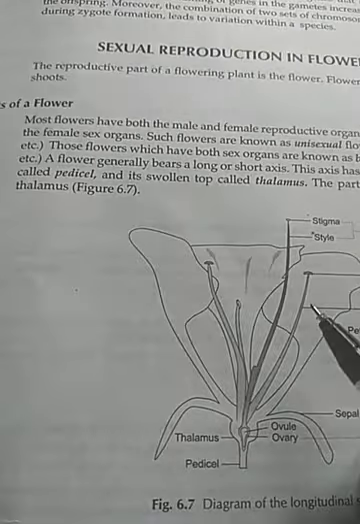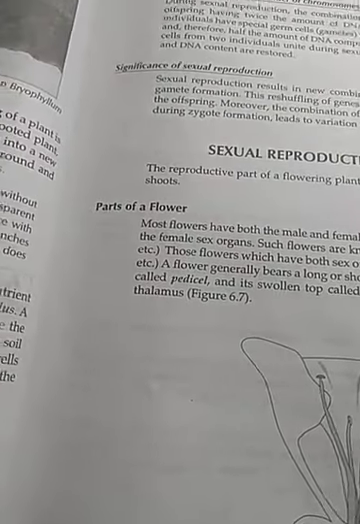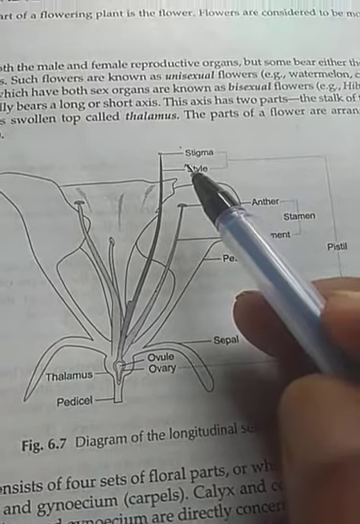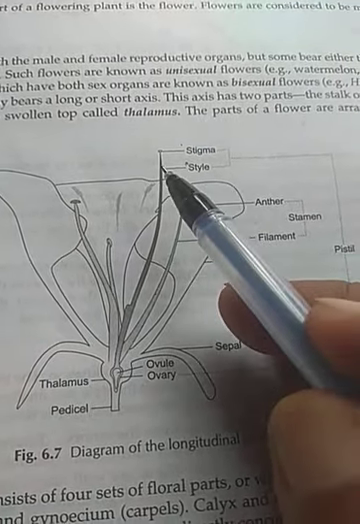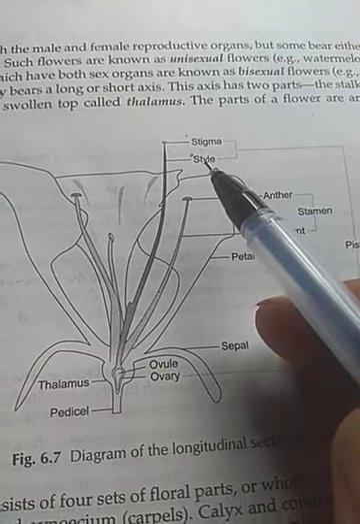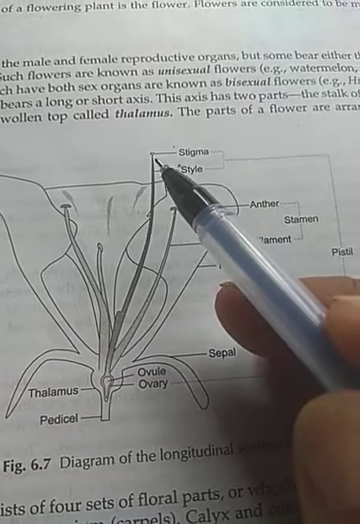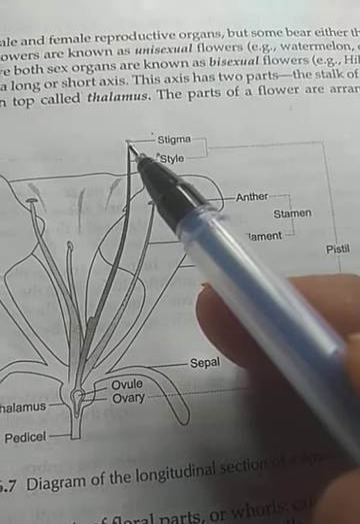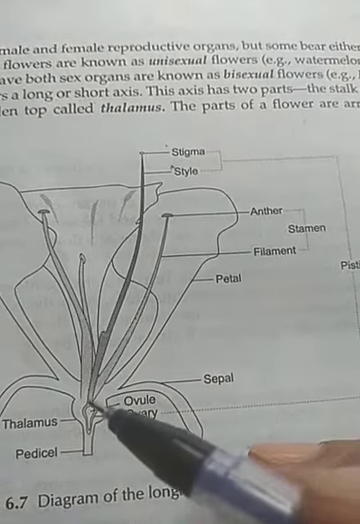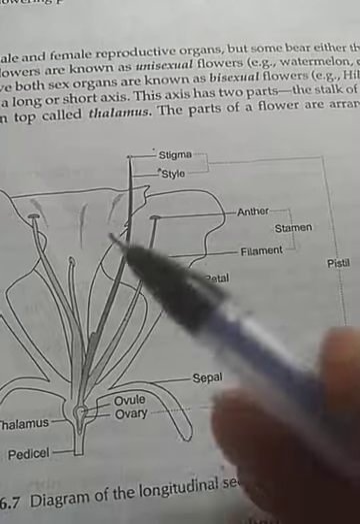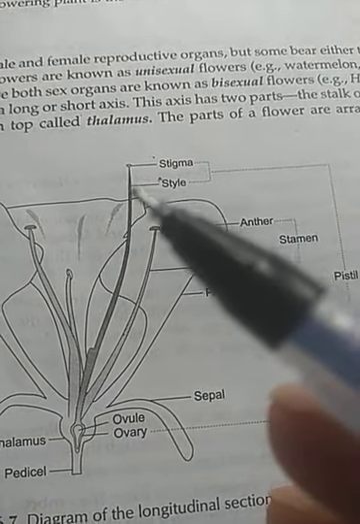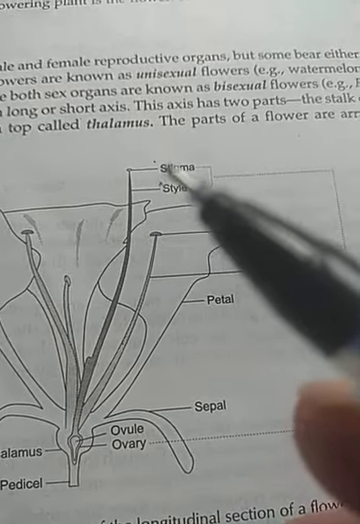And in the center of the flower, the pistil is present here. This is called the pistil, and it is also the female part of the flower. This pistil is a long cylindrical structure with a disc-like structure on the upper part and a swollen part on the lower part. The pistil is divided into three parts.